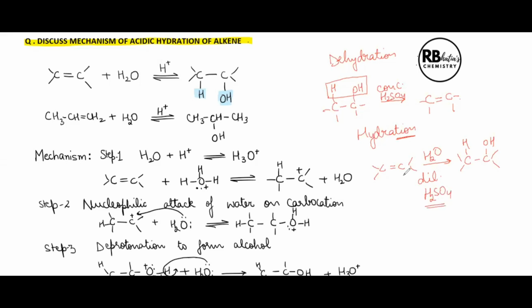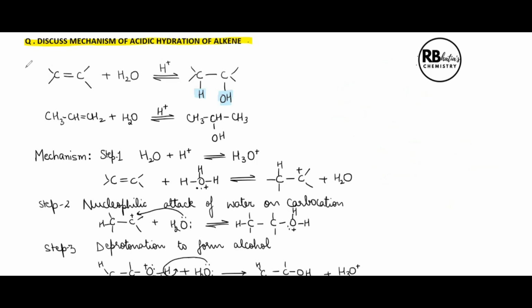Sulfuric acid because we need an acidic medium, and dilute because we need water. Water is the main additive. We have to add water to an alkene. So be very clear about these terms. Dehydration is done with concentrated sulfuric acid, and hydration is done with dilute sulfuric acid.